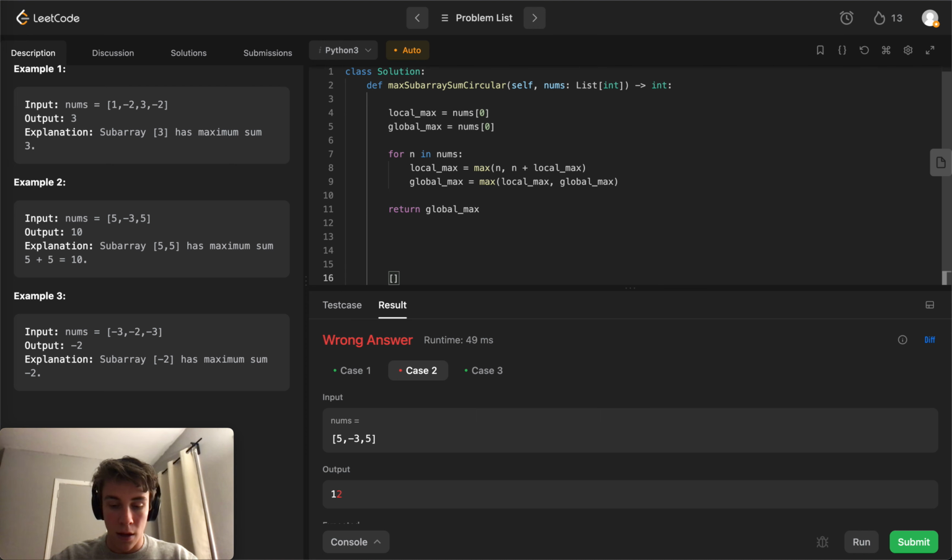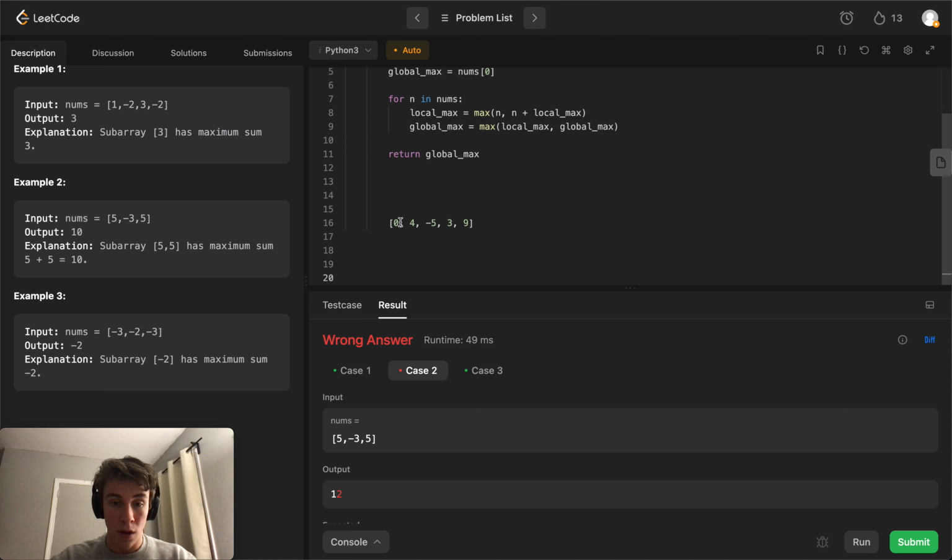For example, the maximum subarray ending at index 0, the maximum subarray ending at index 1, and so on.